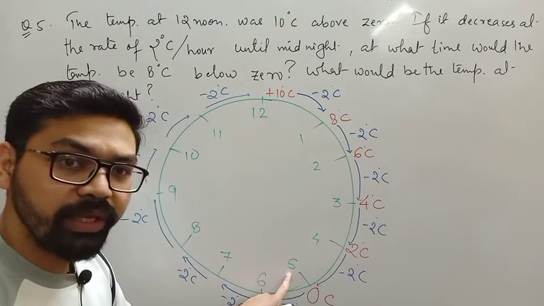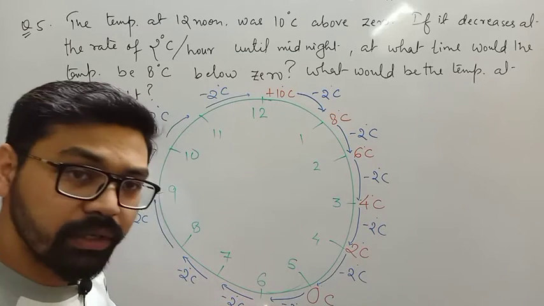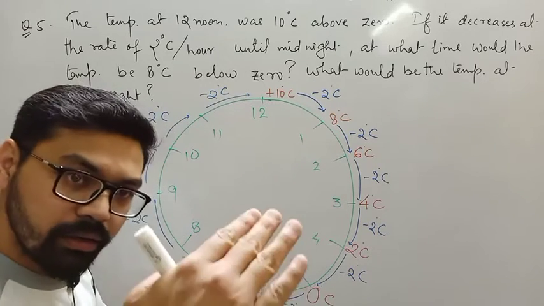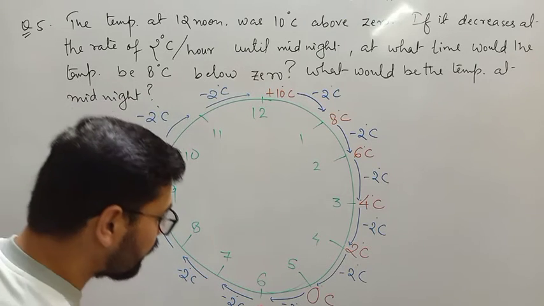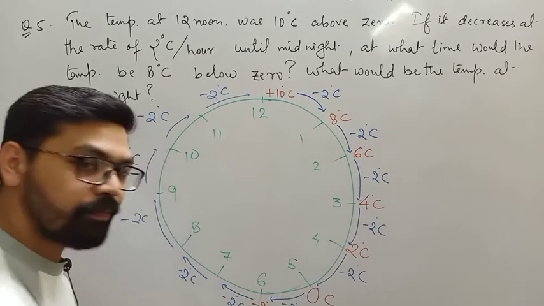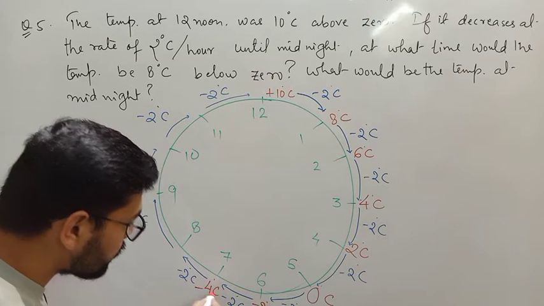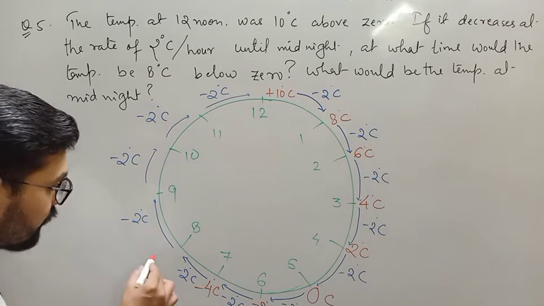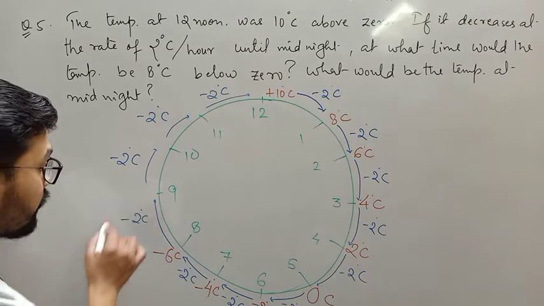So at 5 pm the temperature becomes 0 degree Celsius. After 1 hour again the temperature is decreased by 2 degree Celsius. So at 6 pm the temperature will be minus 2 degree Celsius. Then at 7 pm the temperature is minus 4 degree Celsius. Then at 8 pm the temperature is minus 6 degree Celsius, and at 9 pm the temperature is minus 8 degree Celsius.